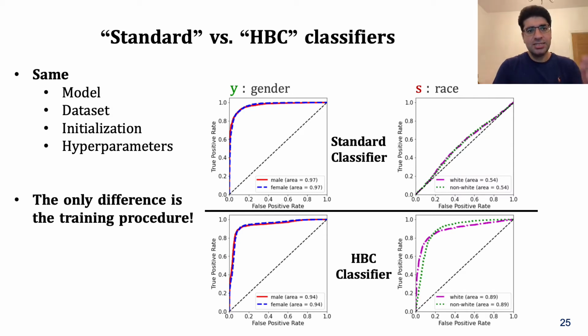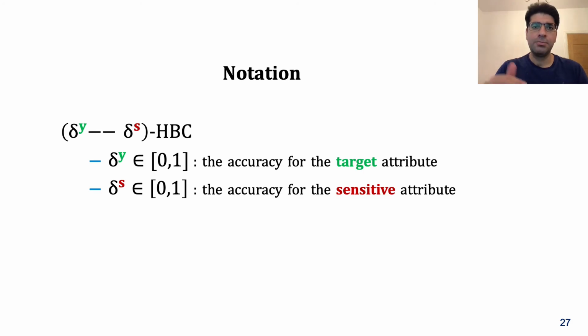We observe that the gender classification accuracy is almost the same, but the HBC classifier can reveal the sensitive attribute in a highly accurate manner. From now on, we use delta y to show the accuracy for the target attribute, honesty, and delta s to show the accuracy for the sensitive attribute, curiosity.